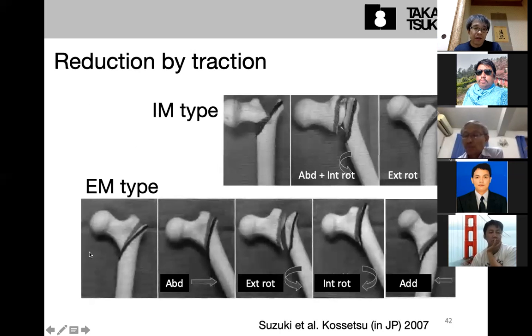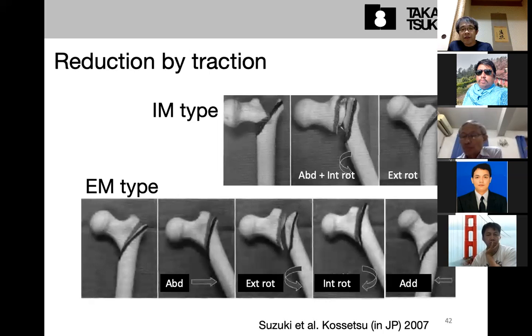This is the reduction for the extramedullary type. First abduction and external rotation, then traction and internal rotation and adduction.